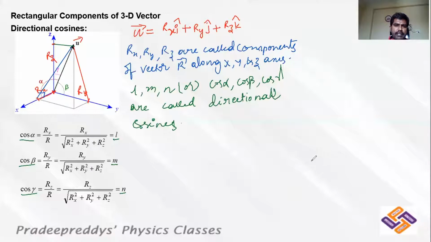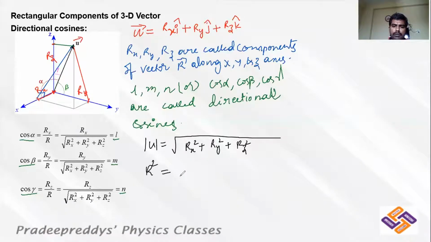Now, if I see these directional cosines, as we know, u bar is equal to rx i cap plus ry j cap plus rz k cap. How can you write magnitude of u? Magnitude of u can be written as root of rx whole square plus ry whole square plus rz whole square. What is magnitude of u? It is r. So r square is equal to rx square plus ry square plus rz square.